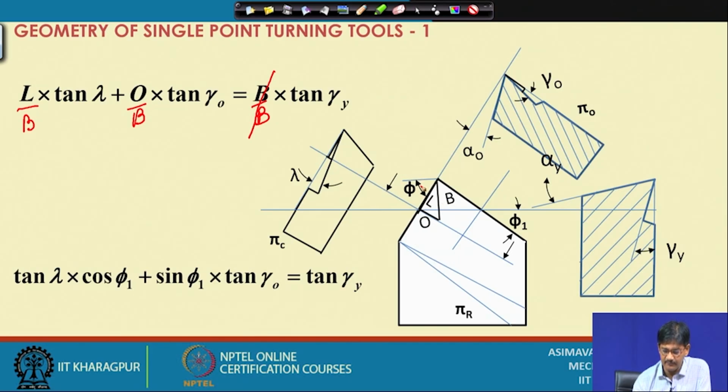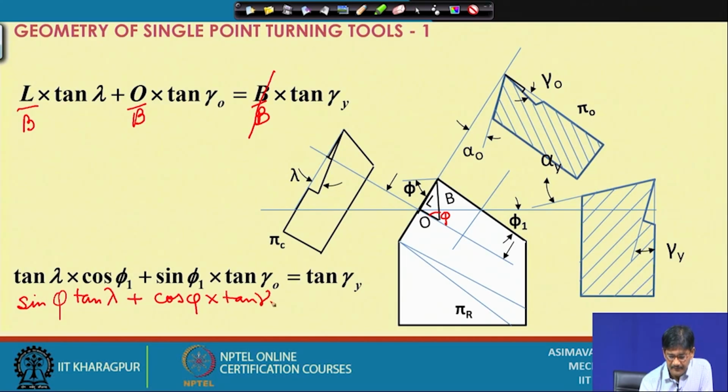If this is phi, this must be phi, and therefore, we can say L by B is equal to sin phi, and therefore, we write L by B is sin phi into tan lambda plus the other one is O by B, that must obviously be cos phi into tan gamma O, equal to tan gamma y.